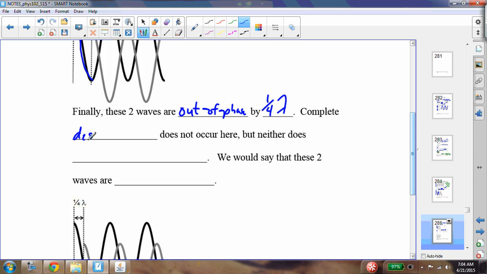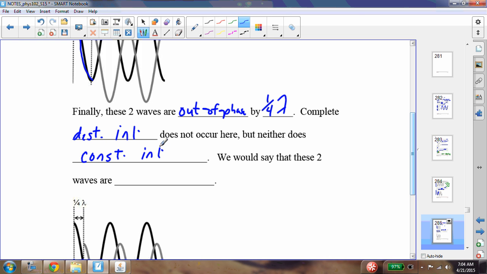Complete destructive interference does not occur here, but neither does constructive interference. You get some places where the waves join that have a higher amplitude, and some have a lower amplitude, but you have neither complete destructive nor constructive interference.